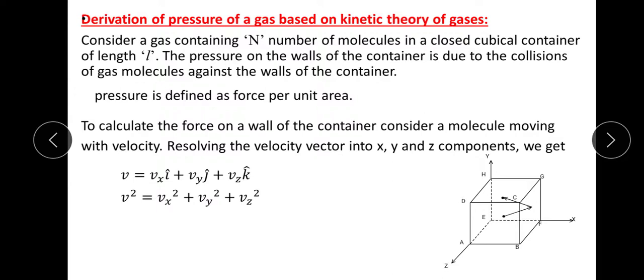So the force exerted by these molecules on the walls per unit area is called the pressure of a gas. So pressure is nothing but force per unit area, which is the force exerted by the molecules on the wall of a container per unit area.